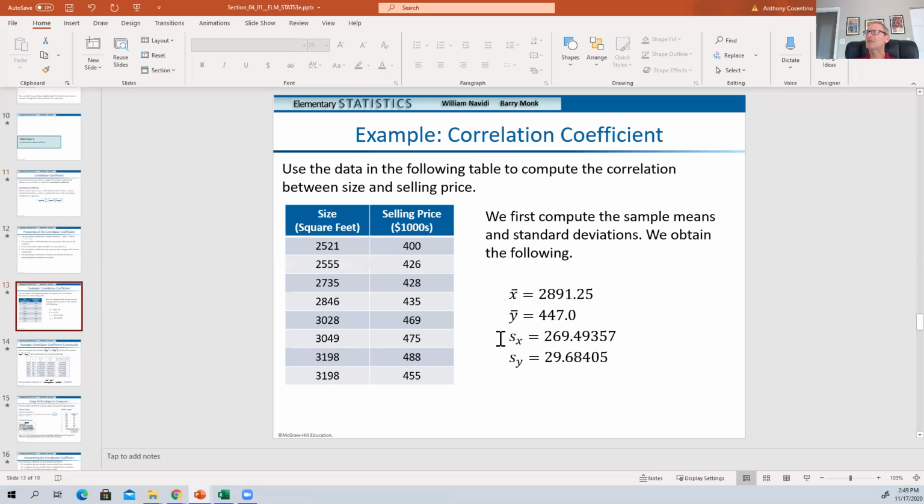If you take a look at the data that we've been dealing with throughout this chapter, this is, again, the data for the size of the home versus the price of the home. If you calculate the mean of the size of the home, it's 2891. The mean for the selling price is 447.